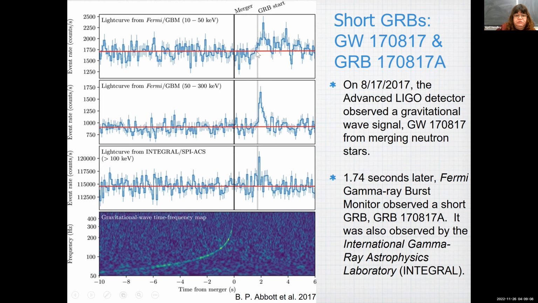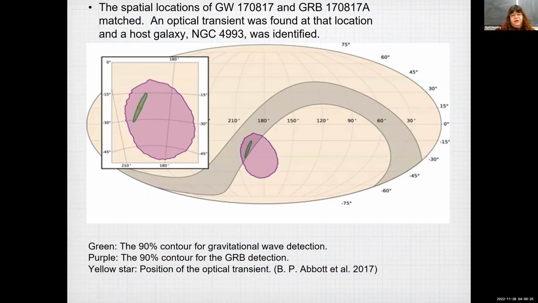So the top 3 are the gamma ray bursts. And just like the other ones, the peak is slightly different for different parts of the spectrum. Not only that, the gravitational wave basically narrowed it down to this little green area in its location.